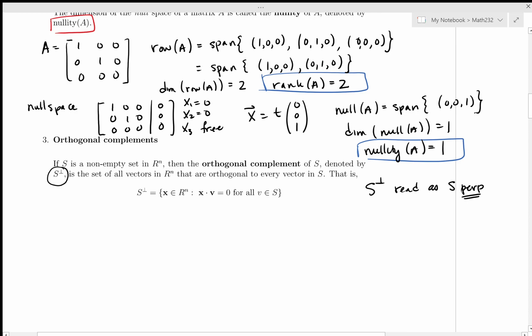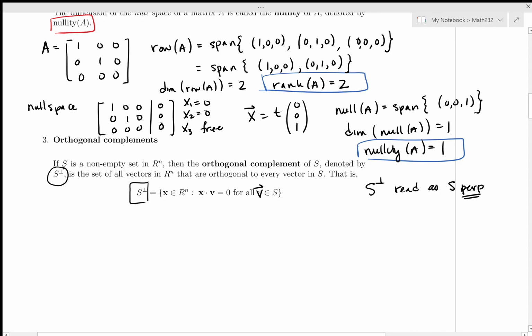So what we're saying is, we take every vector V in S and we try to find all the X's that are orthogonal to every single one of them. That is what we put in the orthogonal complement of S.